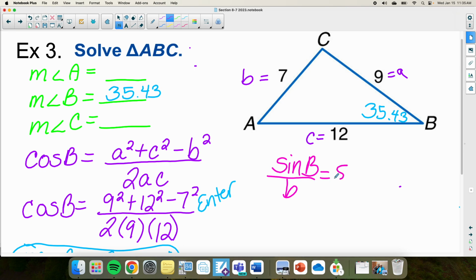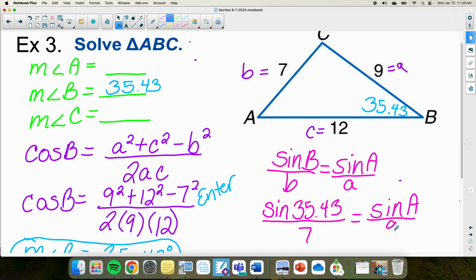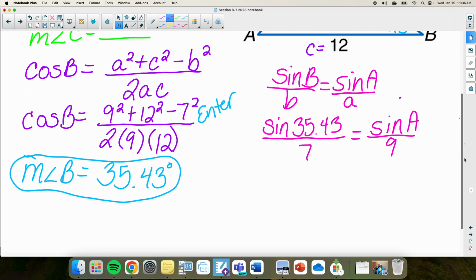A. So I'd go sine of A over little a. So then what I would do is go sine of 35.43 over little b, which is 7, equals sine of A over 9, and I would do cross products.